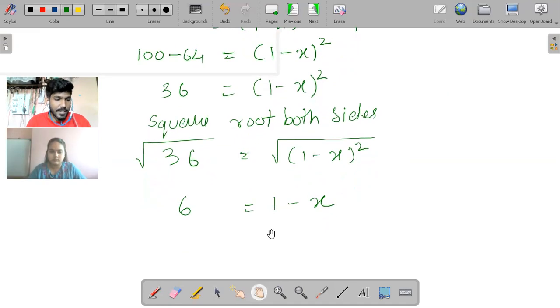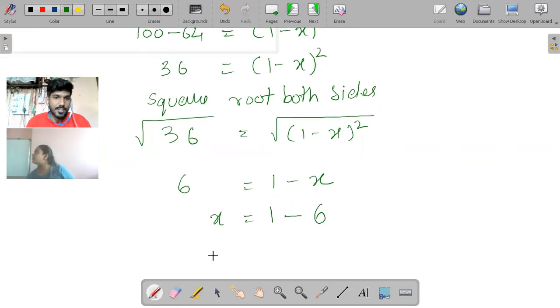Now, we need to find the value of x. So, you take minus x on this side and take plus 6 on the other side. This will become plus x here and 1 minus 6 on the other side. How much is 1 minus 6?